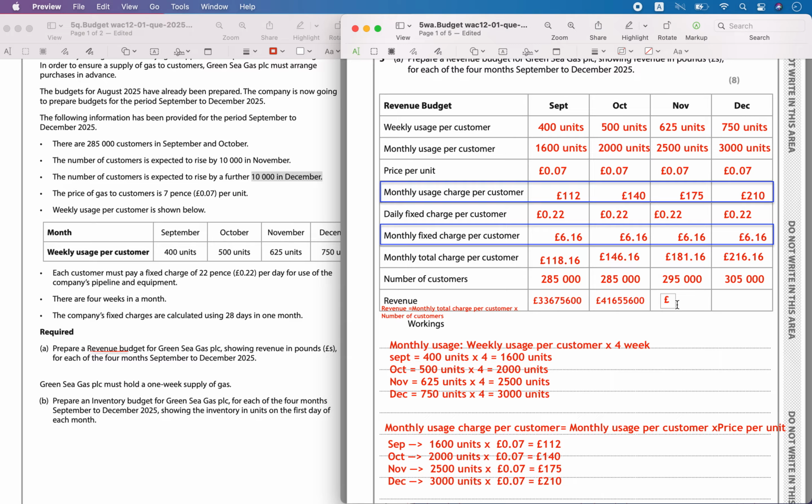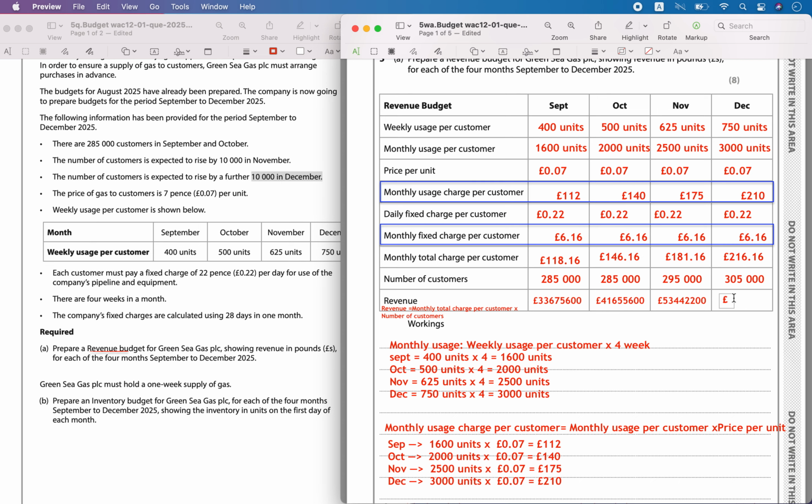Then for November, it is 295,000 into 181.16, which is 53,442,200, somewhere around 53.4 million.